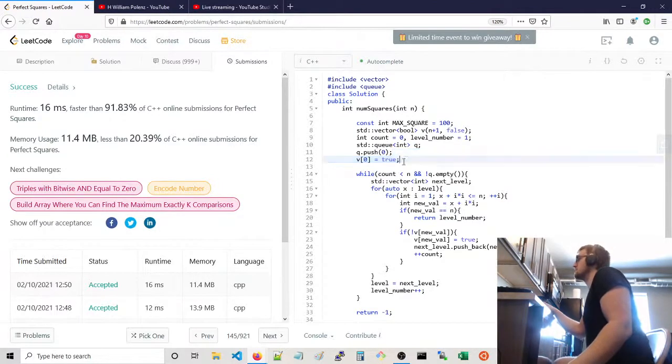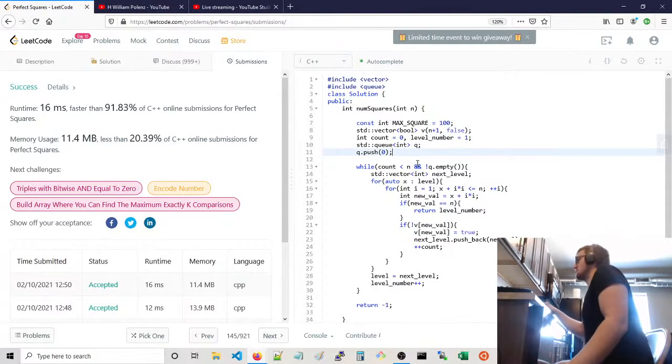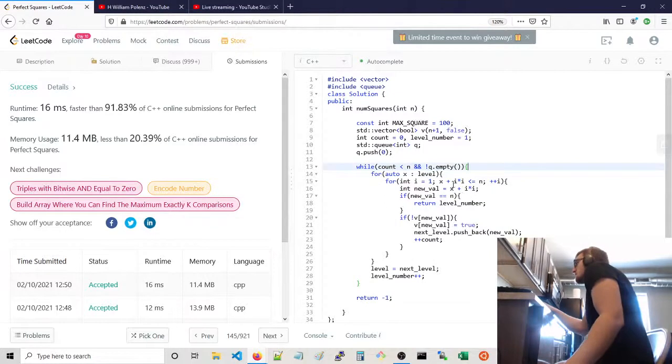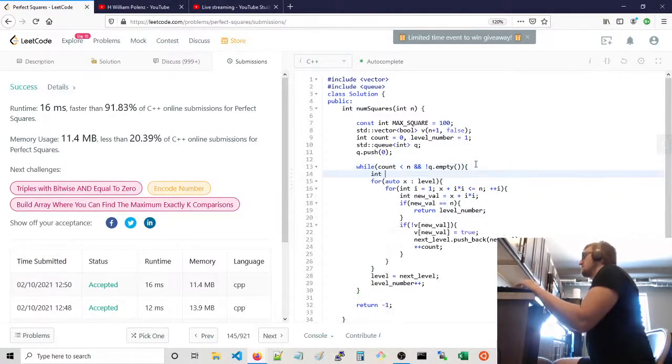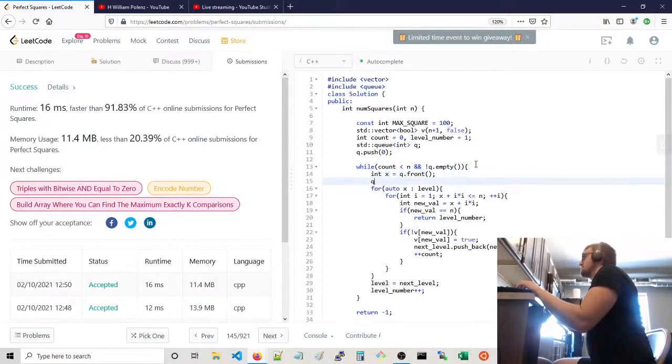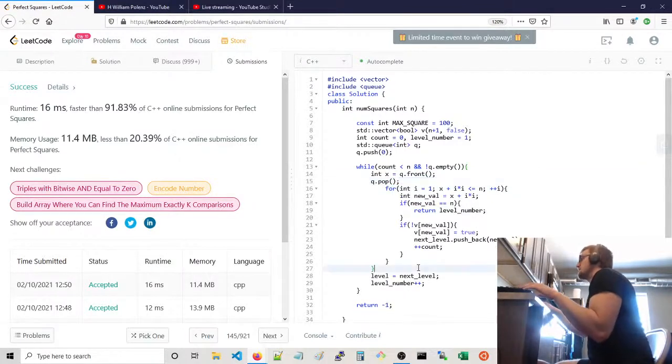Well, yeah, that'll get set automatically. So we don't have next level anymore. So we push it and take the front of the queue, pop the queue for each X. We don't need that anymore. There's no level anymore to consider.